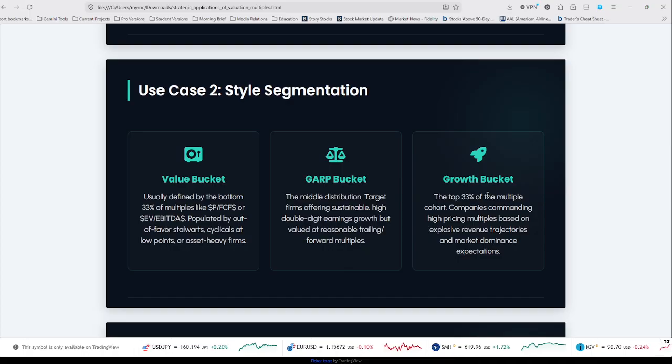Now, I'm gonna teach you guys a little trick here, because here's what you're really saying. What I'm really saying is I'm willing to bet my bottom dollar that there's some company in this value bucket that probably should be in this growth at a reasonable price bucket. Somehow, some way, we sold that stock just a little too much.